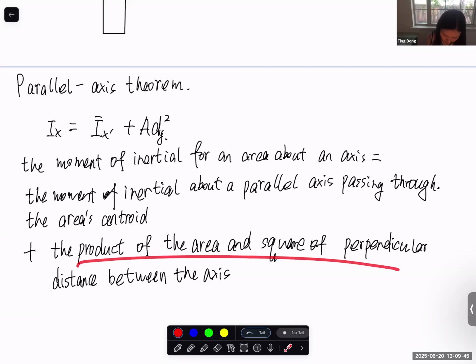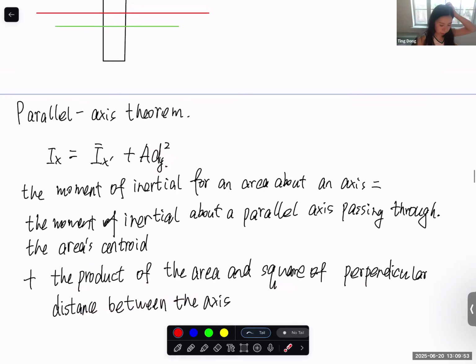So this is the definition of this term. So these are the details about the parallel axis theorem.